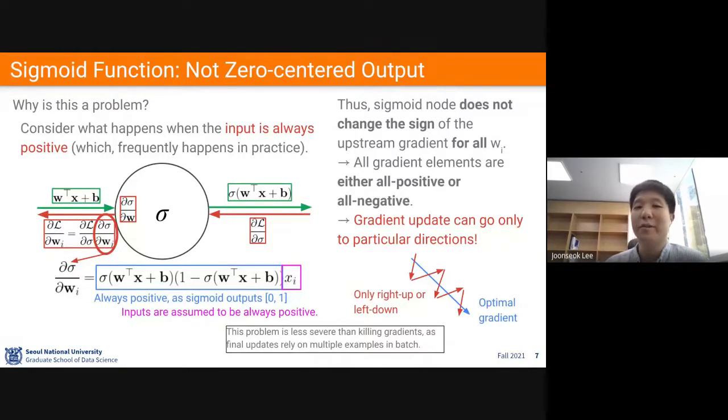So this is less severe than the previous problem, but this still causes some problem because we have to always have the same sign or direction of the gradient updates, which is really inefficient. For these reasons, sigmoid function is no longer used in practice except for when we really need the probabilistic interpretation at the very end of our classification layer.